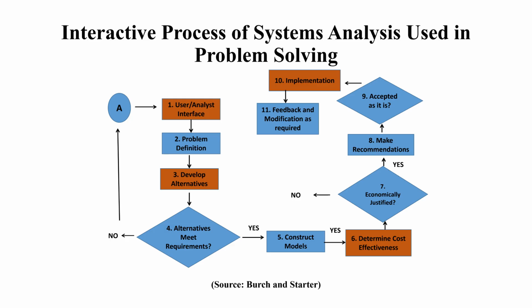Suppose our user, as per the national education policy, is demanding plagiarism detection software or similarity detection software. So what is the user interface? The user is demanding a plagiarism detection software. So what is their problem?